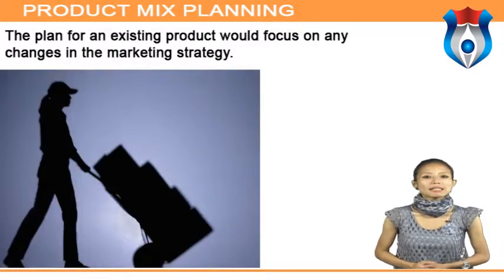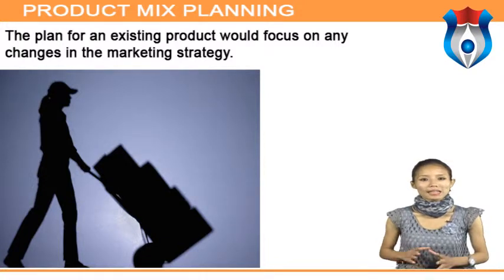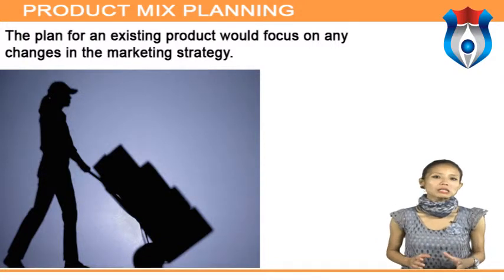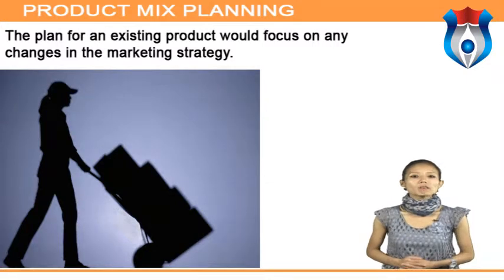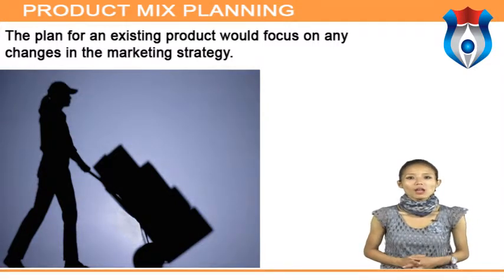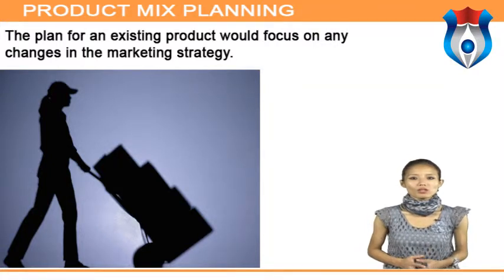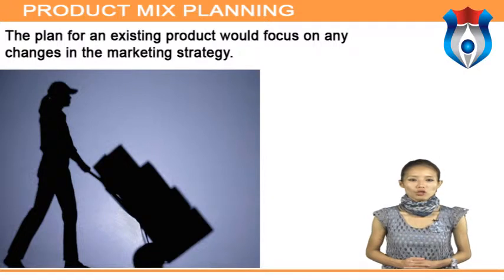The plan for an existing product would focus on any changes in the marketing strategy. Some of these changes might include the product's target market, advertising and promotional expenditures, product characteristics, price level, and recommended distribution strategy.